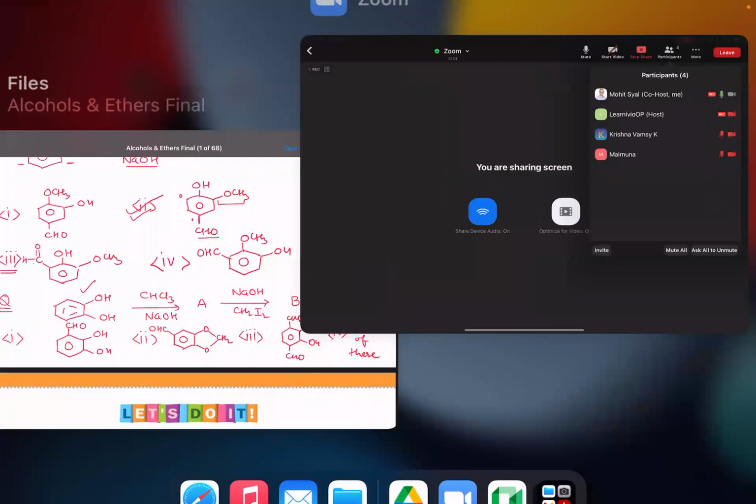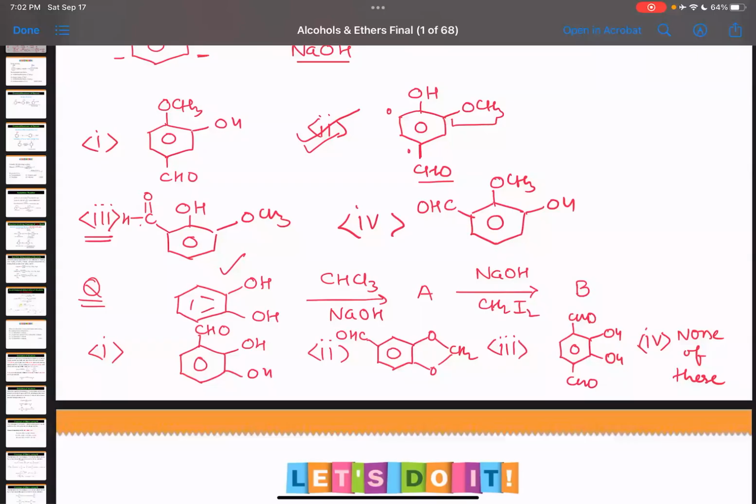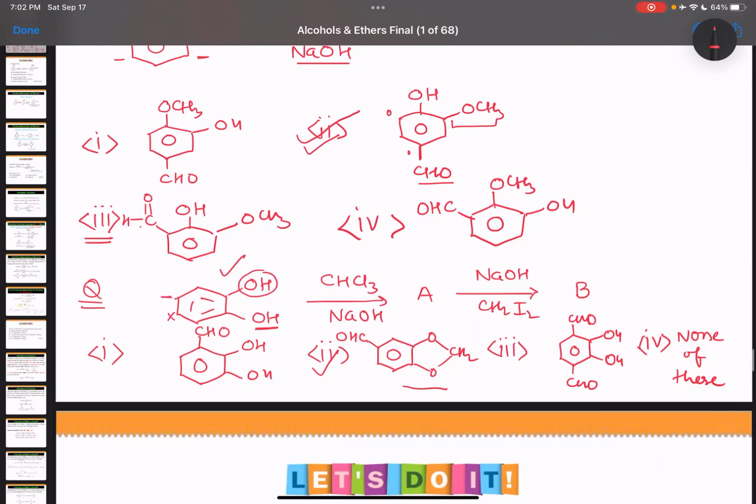So option 2. But how has this ring formed? The para of this one is this position, and the para of the other is this one. Both are symmetrical, so you can connect to any one of them, right?